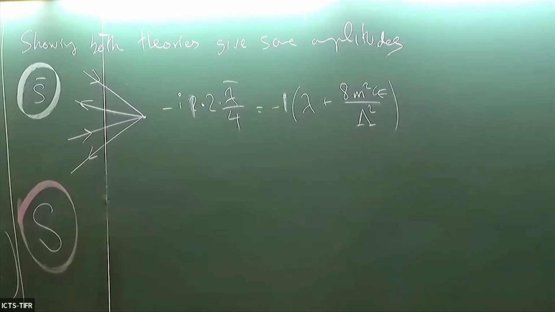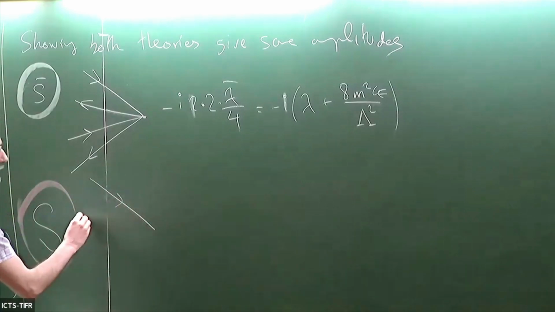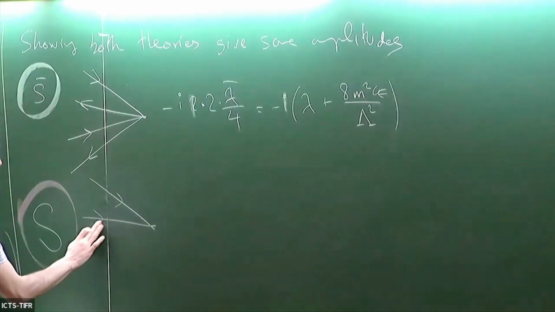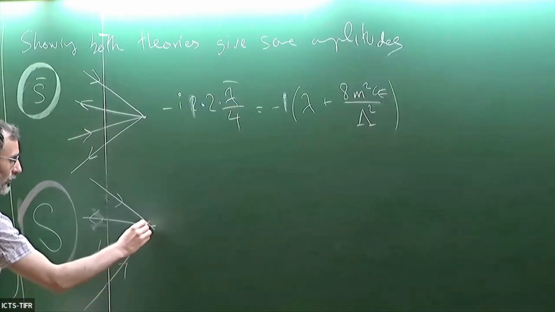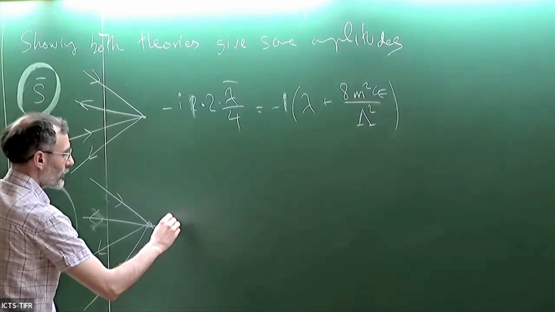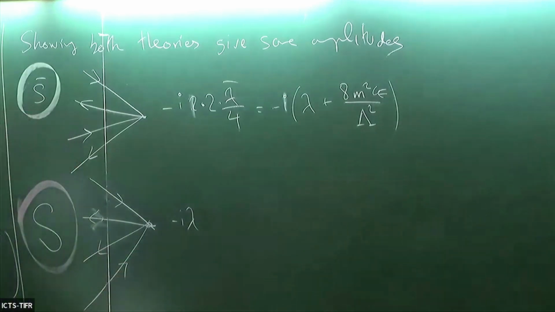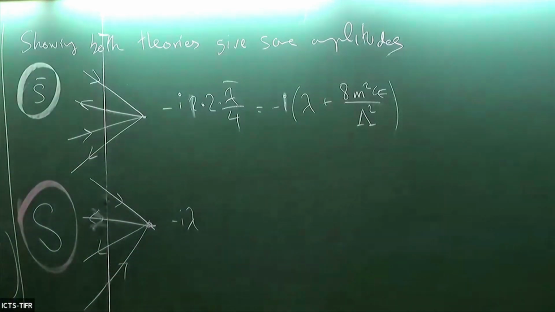So this will also contribute to the 4-point in this S theory. So there are going to be 2 contributions now. The first one is, again, minus I lambda. The second one we'll take out of this form of the operator with a del square acting on the field. But the idea will be the same.